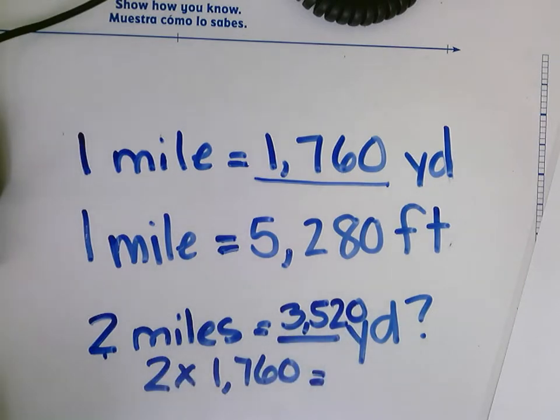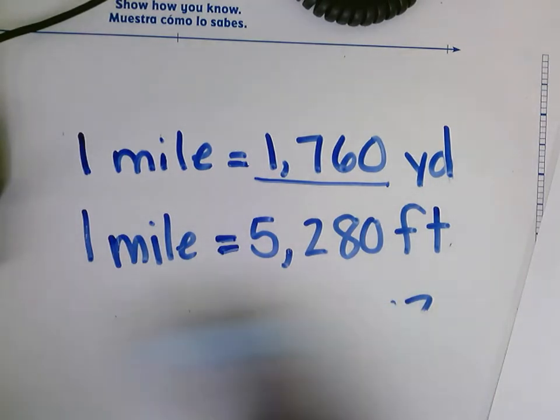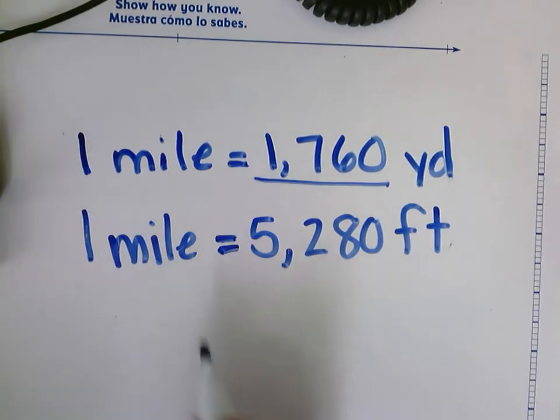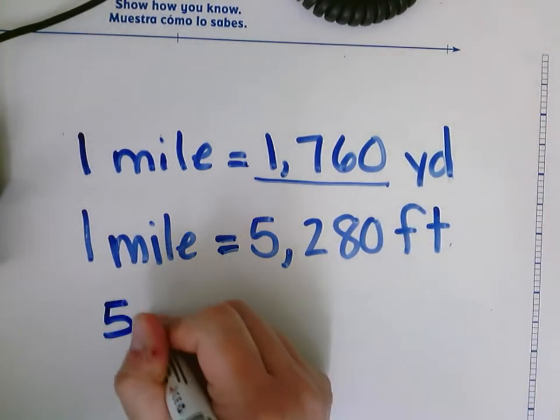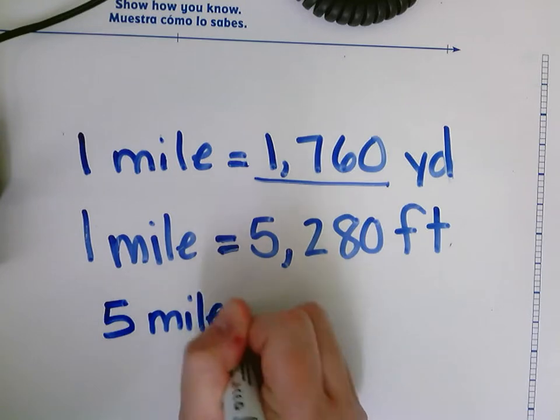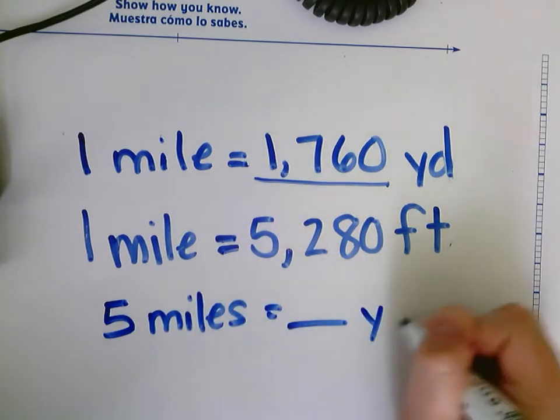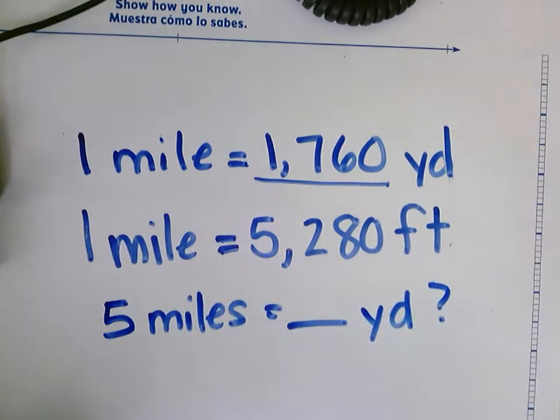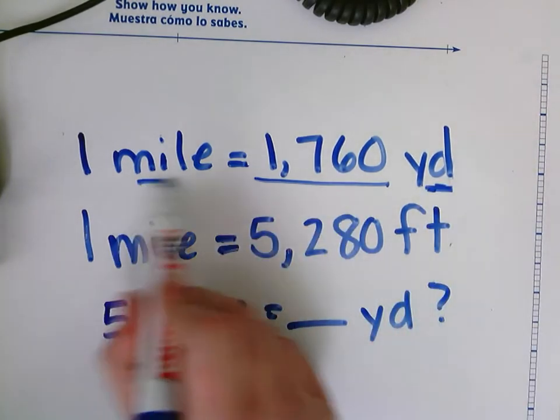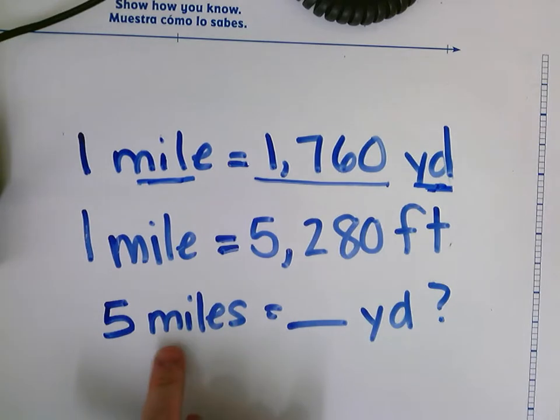What if I had another amount? What if I had 5 miles? 5 miles is equal to how many yards? So I'm dealing with yards and miles. I know how many miles we have. Miles are larger than yards.